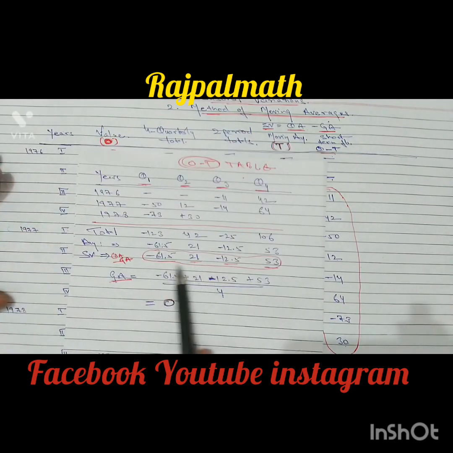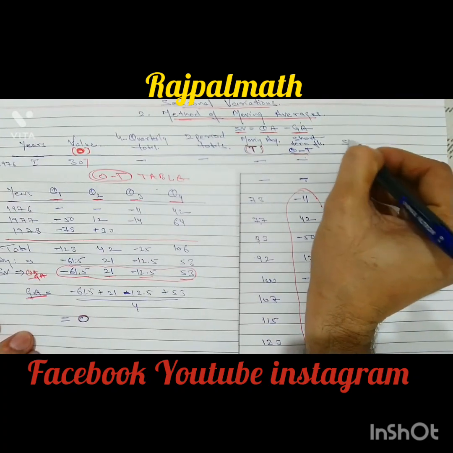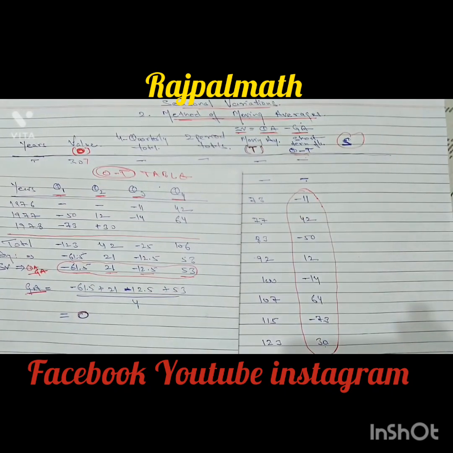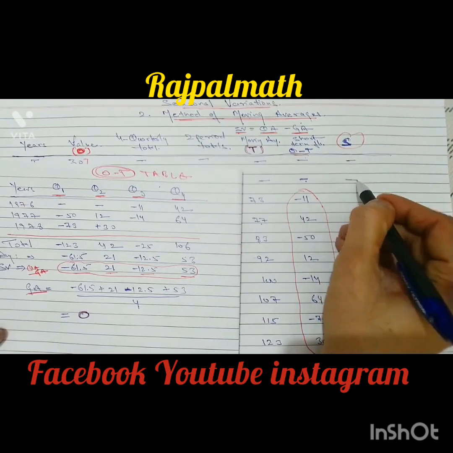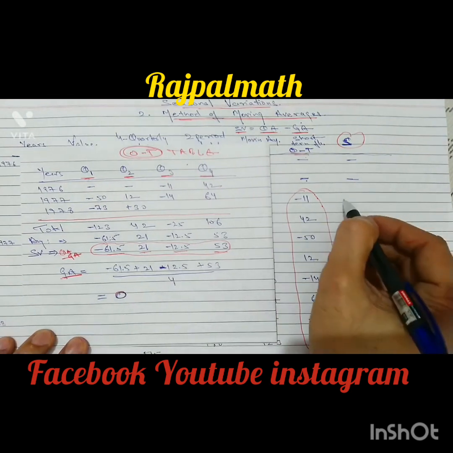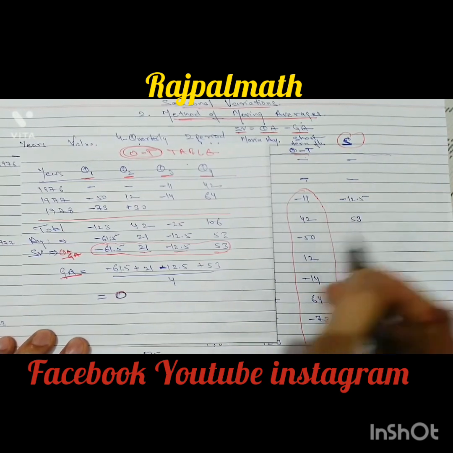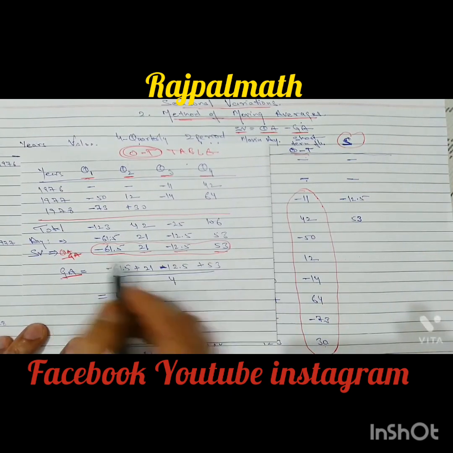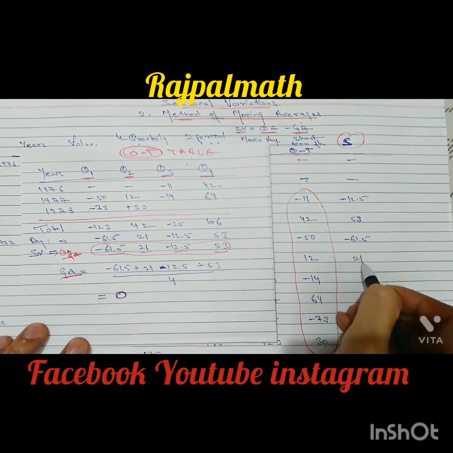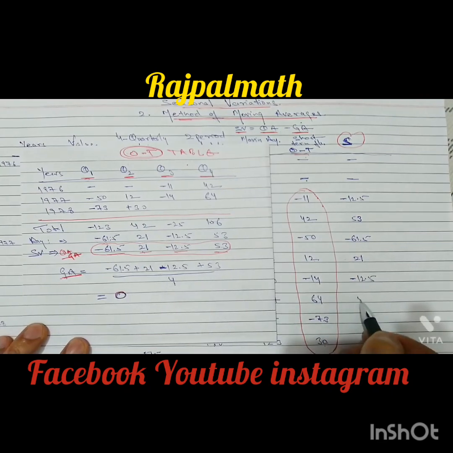Now write these values in front of this. Seasonal variations S: for the third quarter of 1976 it is minus 12.5, for the fourth quarter 53. For 1977, first quarter is minus 61.5, next is 21, next is minus 12.5 again, and the fourth quarter is 53.